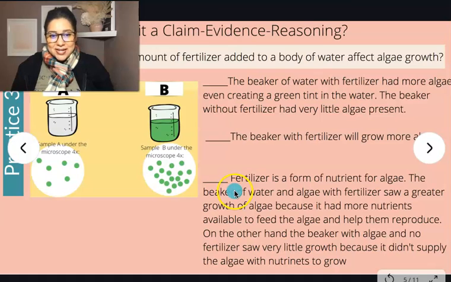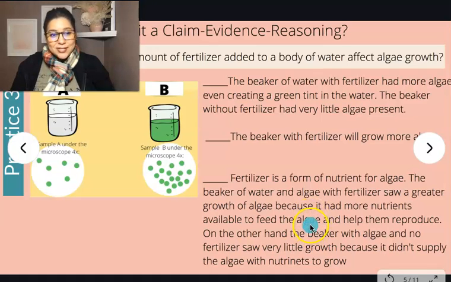And the third statement reads, fertilizer is a form of nutrients for algae. The beaker of water and algae with fertilizer saw greater growth of algae because it had more nutrients available to feed the algae and help them reproduce. On the other hand, the beaker with algae and no fertilizer saw very little growth because it didn't supply the algae with the nutrients it needed to grow.